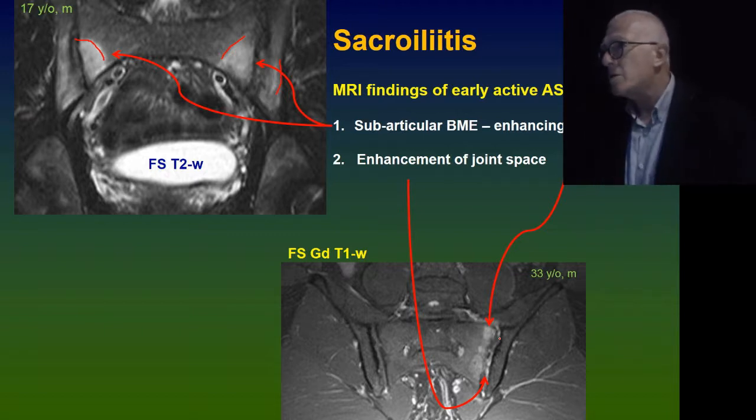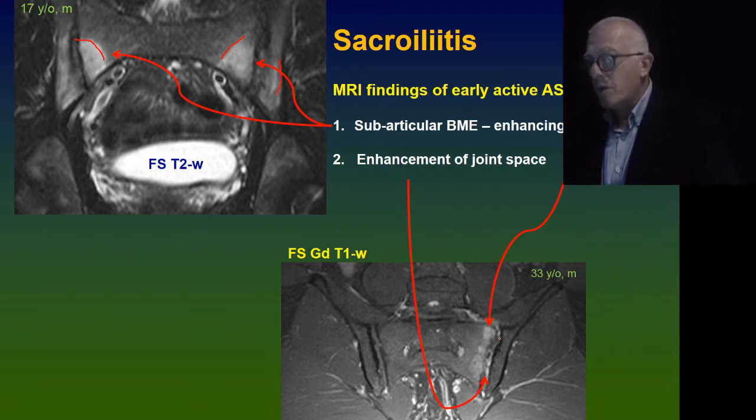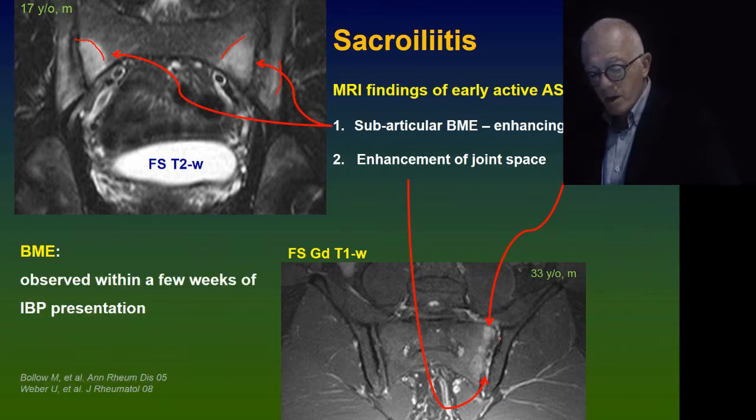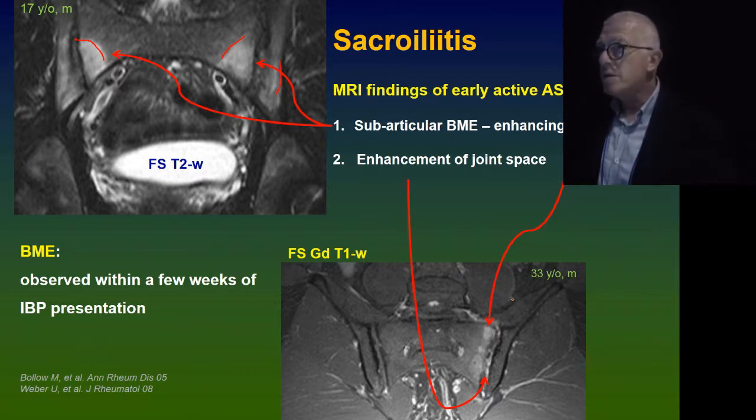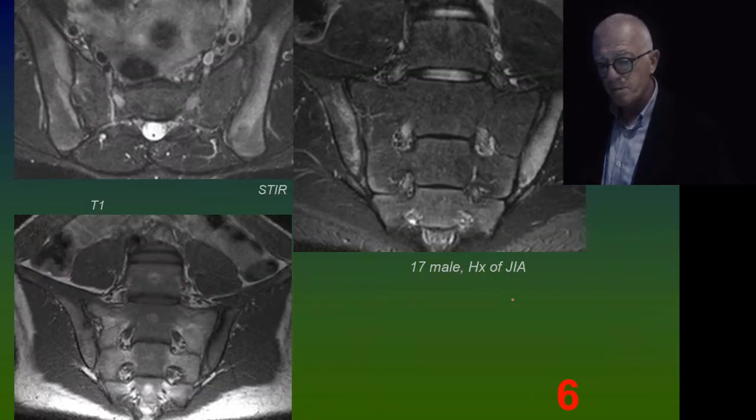This enhancement is not one of the criteria. It's only the bone marrow edema. So the presence of bone marrow edema on MRI usually is seen a couple of weeks after the onset of symptoms. Therefore, this examination is very sensitive, is very accurate, is the method of choice.